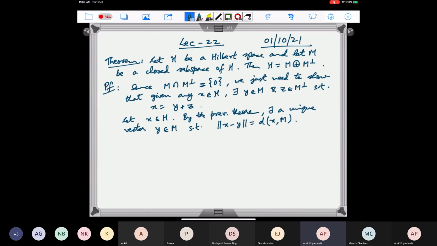If I get y, then z should of course be x minus y. So let z equal x minus y. If we show that this z belongs to M perp, then x can be written as y plus z, where y is in M and z is in M perp. So we will show that this z belongs to M perp, and then we are done.